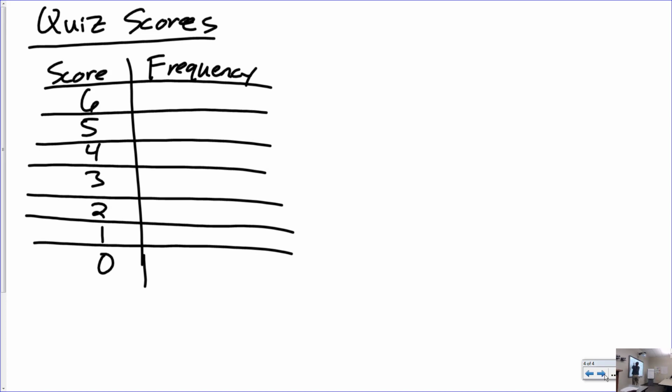And here was the range of scores that I had. One semester where I had, say, like 60-some students in this class, these were the quiz scores: 25 sixes, 51 fives, 22 fours, 12 threes, 6 twos, 3 ones, and 19 zeros.